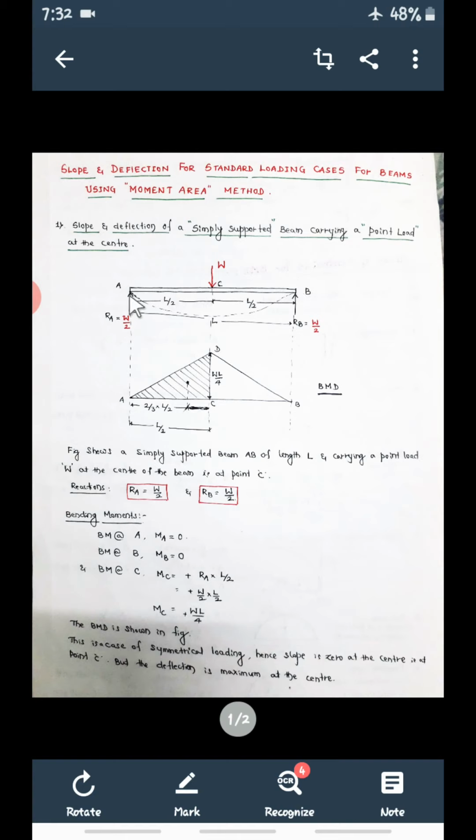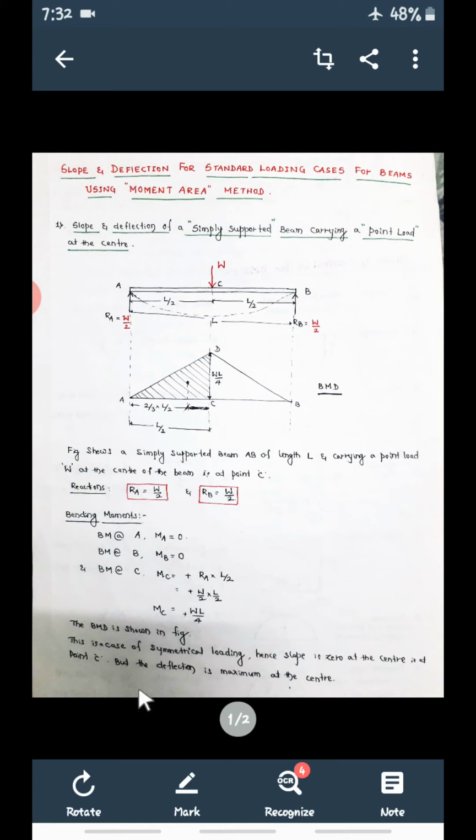If you draw the tangent here, this is the slope. This is theta A. Similarly, if you draw the tangent here, touching this curve, the angle made by this tangent will be theta B. That is slope at B. Remember, for a simply supported beam, at the two simple supports, slope will be there, but deflection will be 0.